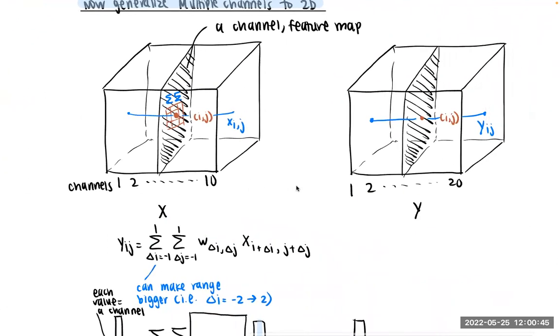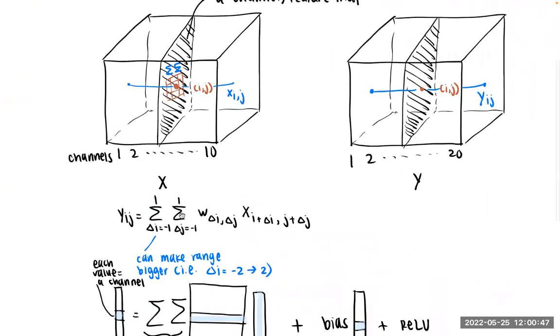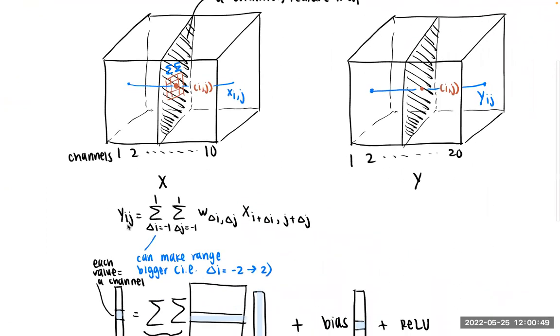And in the multi-channel situation, this Yij becomes a 20-dimensional vector and Xij becomes a 10-dimensional vector, depending on how many channels we have, right? And then again, we have the shape of I and J. So this gives us a 3 by 3 kernel, our filter.